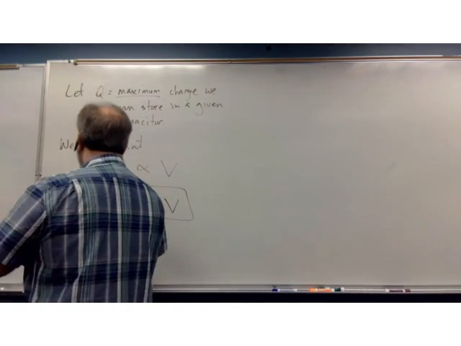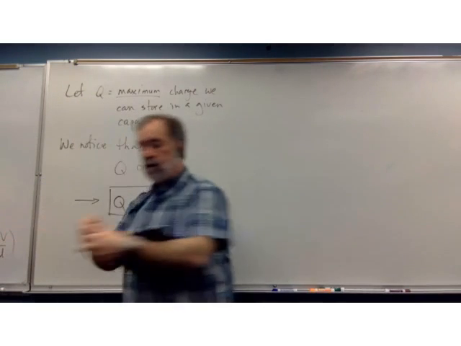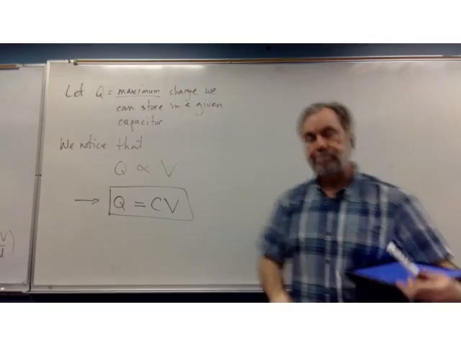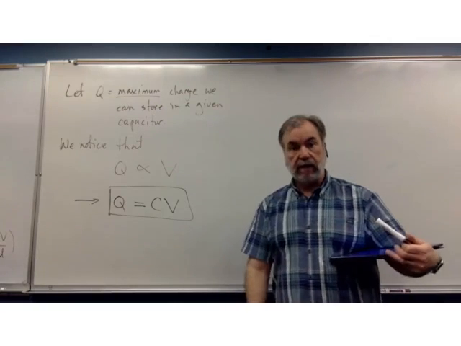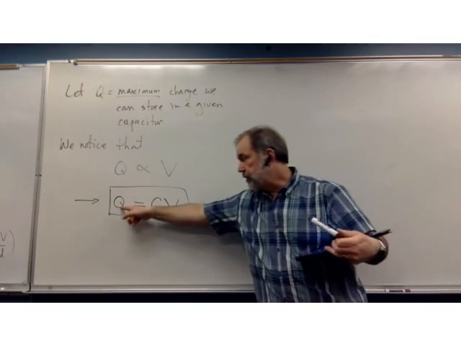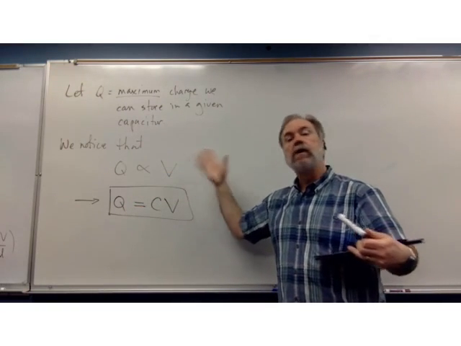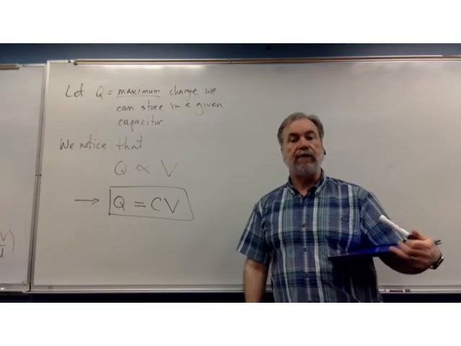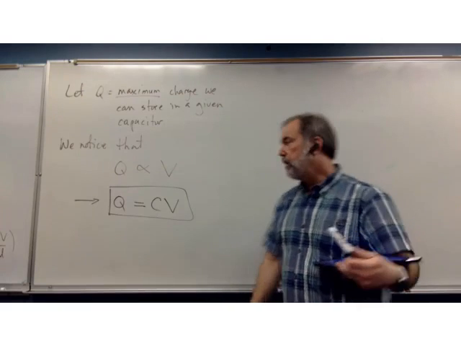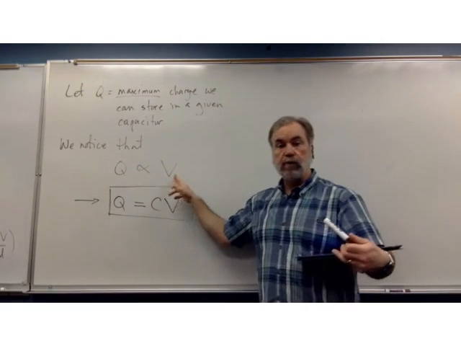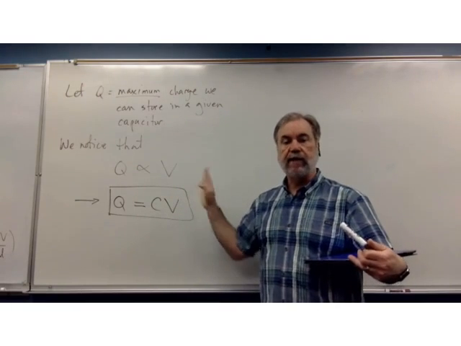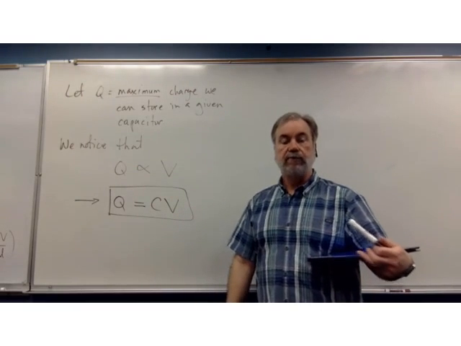Nothing I have said so far has made it clear that the amount of charge we can store depends only on the potential difference raised to the first power, but experimentally, we find that that's the case. So Q doesn't depend on the square of the potential of the battery or anything else like that. It's just the potential of the battery to the first power.